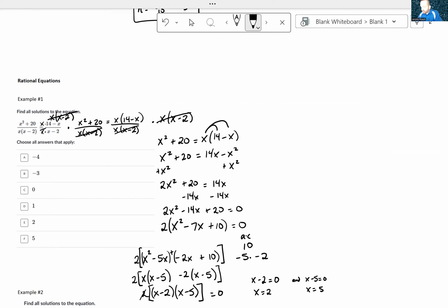So we're going to start with x equals 2. So we're going to do 2 squared plus 20 equals 2 times quantity 14 minus 2. We get 4 plus 20 equals 2 times 12.